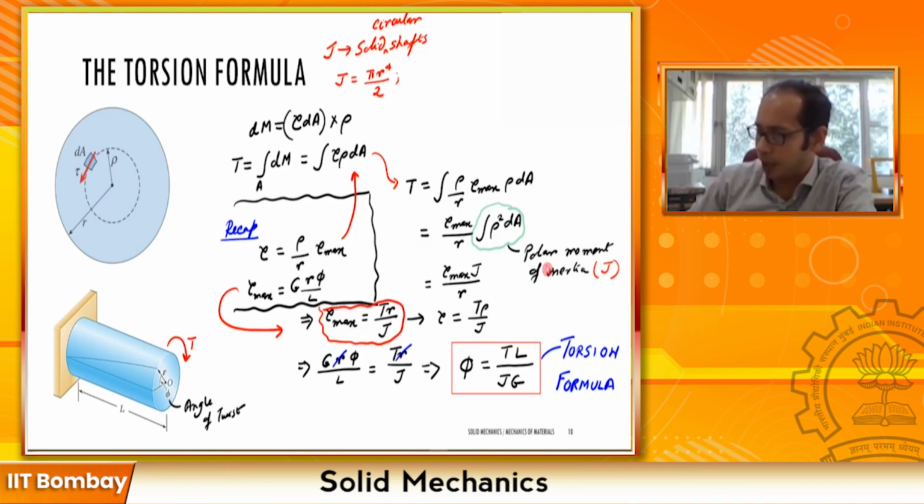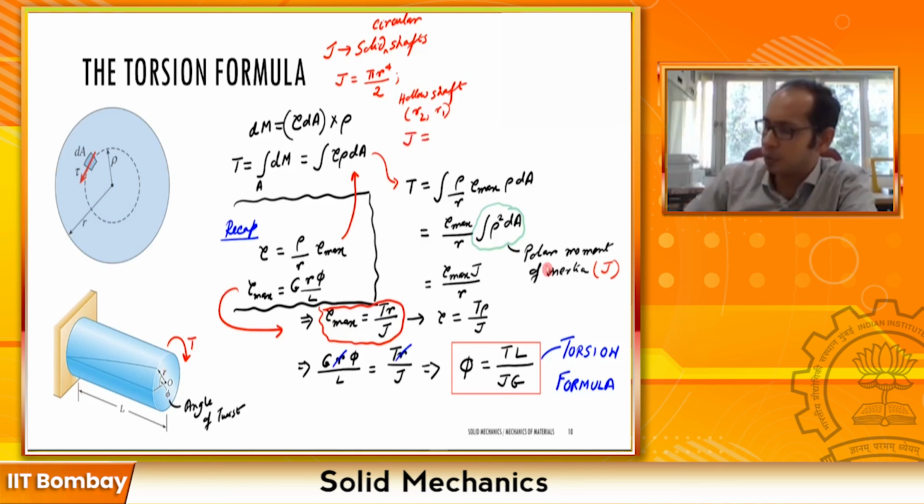And suppose you have a hollow shaft, which may have outer radius r2 and inner radius r1. How does J change?